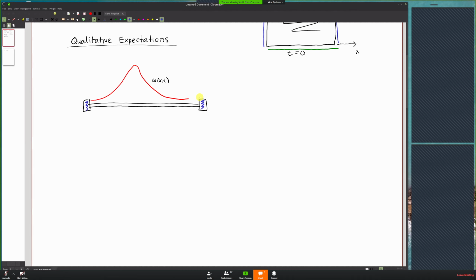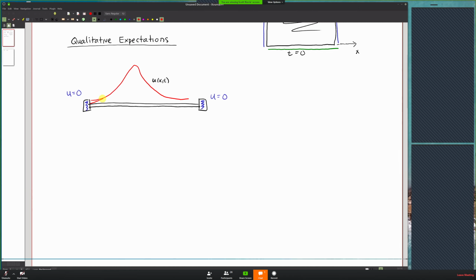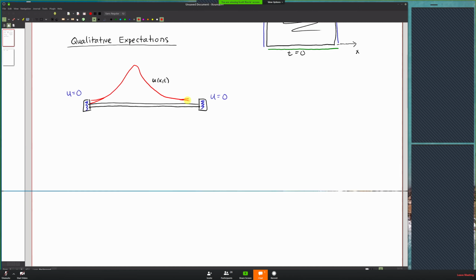Actually, if we encase the edges in ice, all that heat that might be flowing to the edges of the bar will flow into the ice, and the edges won't necessarily heat up at all. And so if you have a boundary condition, u equals 0 on both sides, then that forces the temperature, by virtue of being locked in a block of ice, to be 0 on both sides.